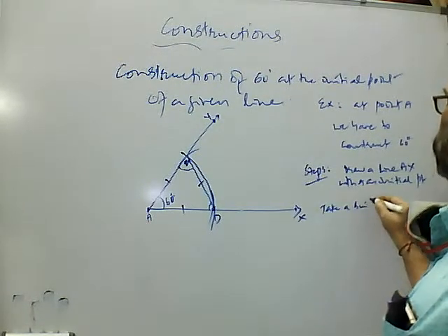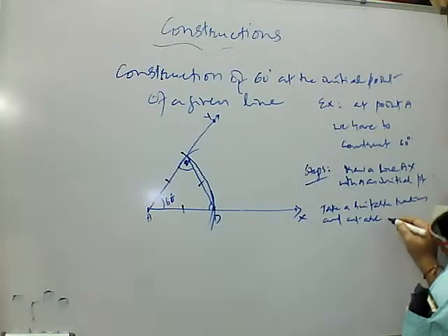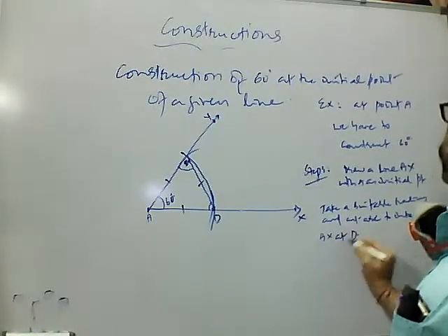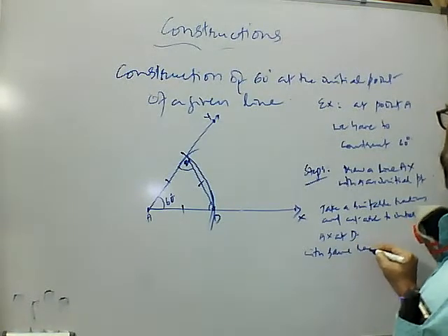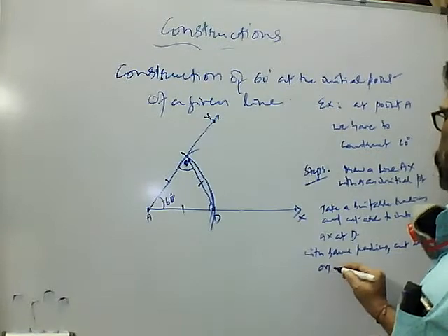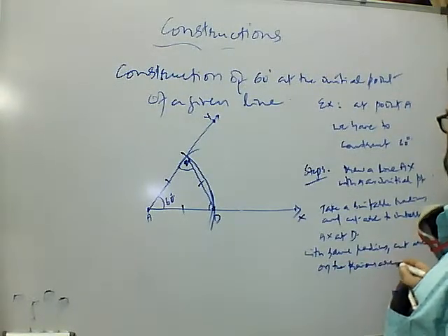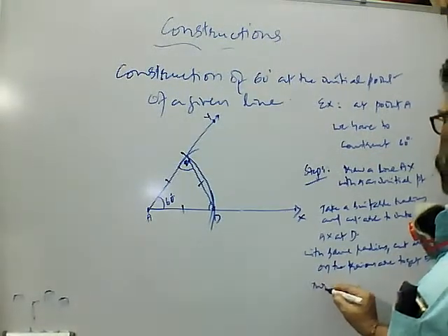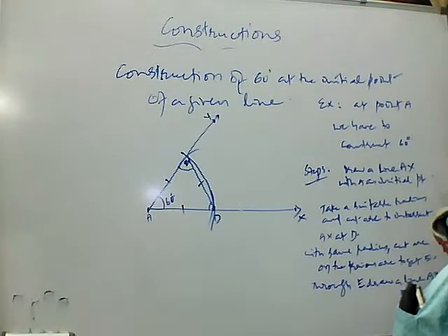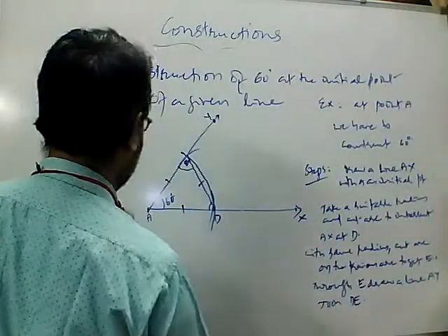Take a suitable radius and cut an arc to intersect AX at D. With the same radius, cut an arc on the previous arc to get E. Through E, draw a line AY, join DE. Okay, these are the steps.